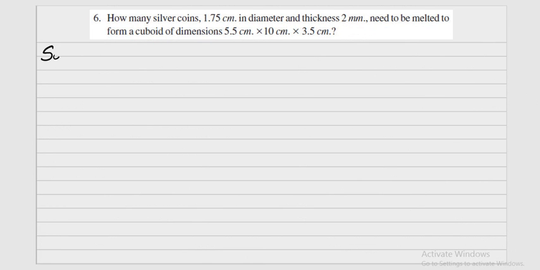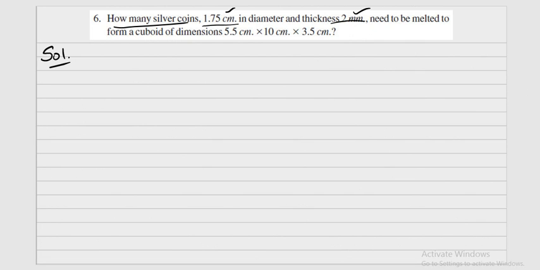See here, how many silver coins? There are silver coins having diameter 1.75 centimeters and thickness 2 millimeters. So one is given in centimeters and the other in millimeters, right? They need to be melted to form a cuboid of dimensions 5.5 into 10 into 3.5 centimeters, right?